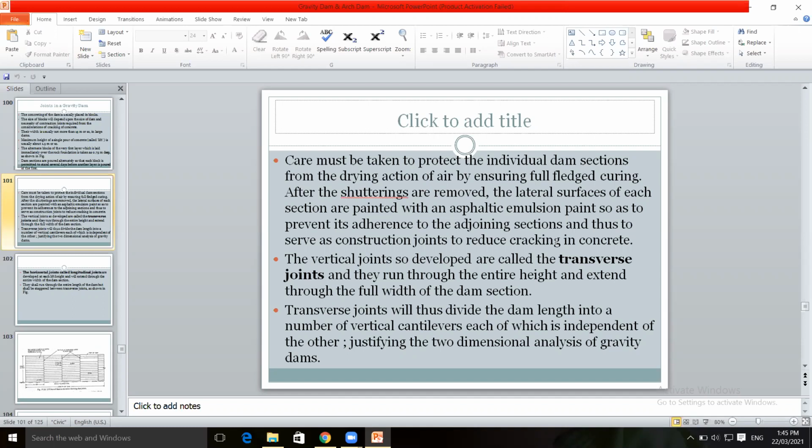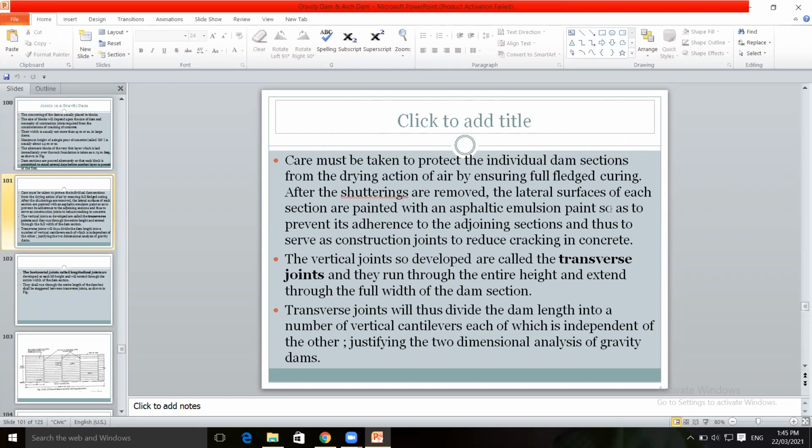To prevent them from sticking and adhering, they provide the asphaltic emulsion paint. They are painted on the lateral surfaces, and thus serve as construction joints to reduce cracking in concrete.